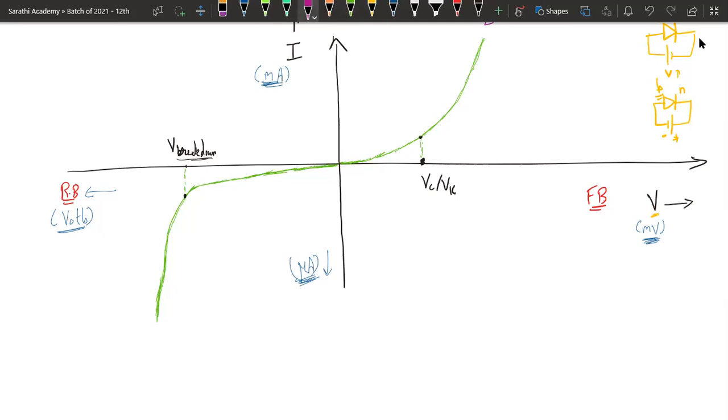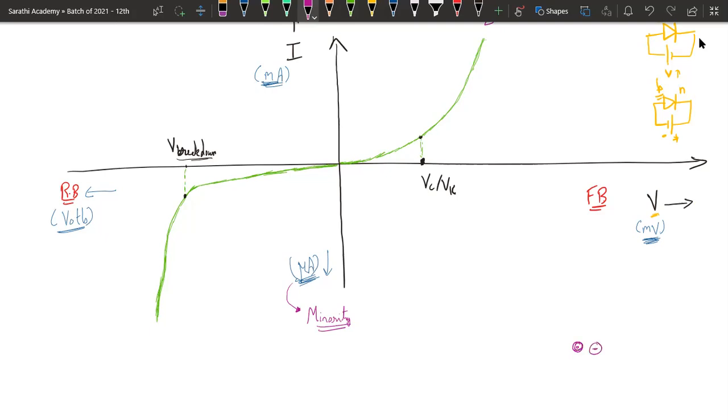Now some important things we should know. Here the current is very less, it is in microamperes, because here the minority charge carriers carry the charge. Now you will ask, how minority, where did minority come from? So basically either the electrons can take the charge or the holes can take the charge.